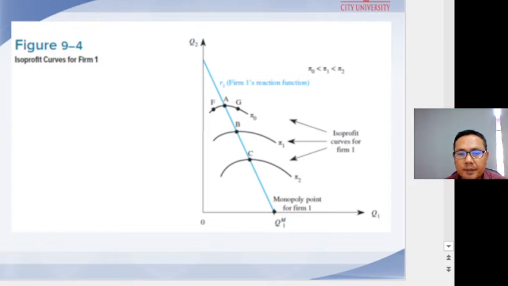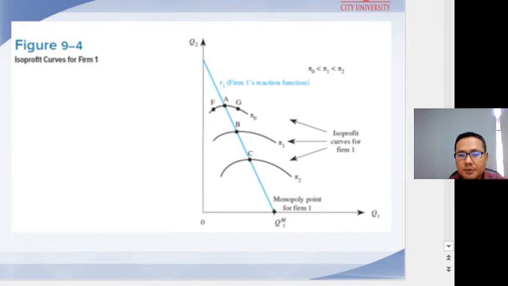The second point that is important for us to understand is that isoprofit curves that lie closer to firm 1's monopoly output Q1M are associated with higher profit for that firm.